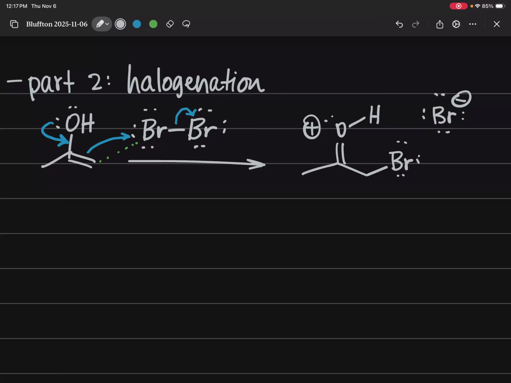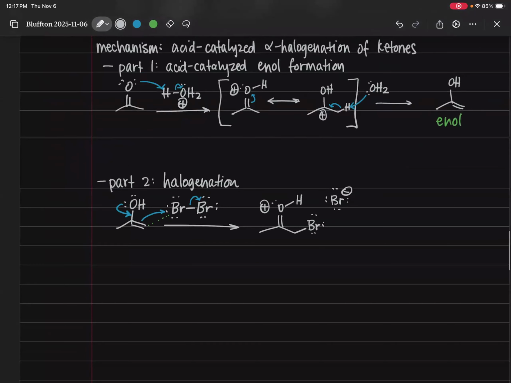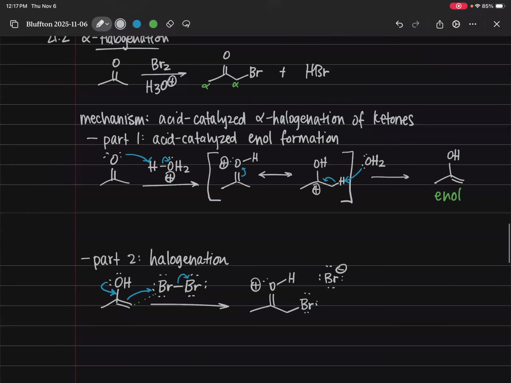Now all we have to do is, if you're not sure where we're going, look back at the expected products of the reaction. So we're going to get the ketone with bromine at the alpha position. We've got the ketone with the bromine at the alpha position. We just need that hydrogen to be gone. And HBr is another product. Well, we have the Br minus, and we've got an H that needs to go away.